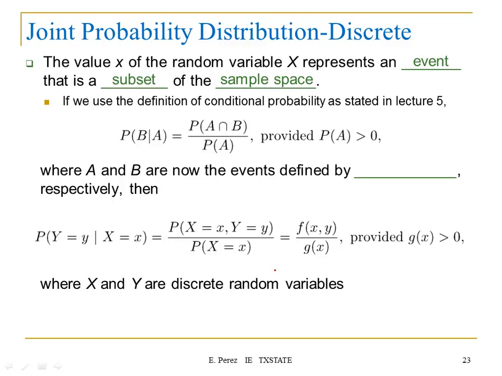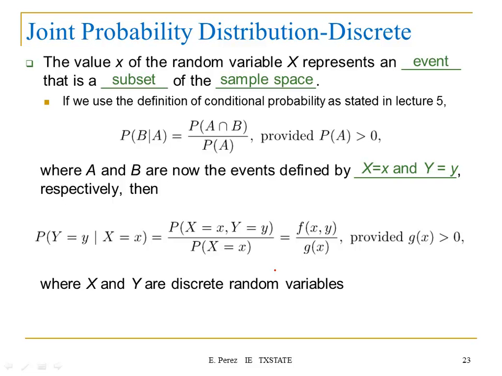If we use the definition of conditional probability as stated in lecture 5, then the probability of B given A equals the intersection divided by the probability of A, and we know that the probability of A needs to be greater than 0.